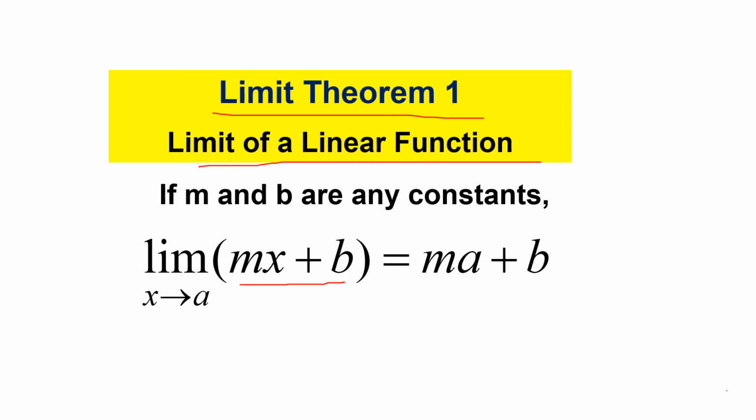If m and b are any constants, meaning m and b are numbers, with m as the numerical coefficient of the variable x and b as your y-intercept in the slope-intercept form y equals mx plus b, and we're asked to find the limit of mx plus b, where m and b are constants, what is the limit when x approaches a?